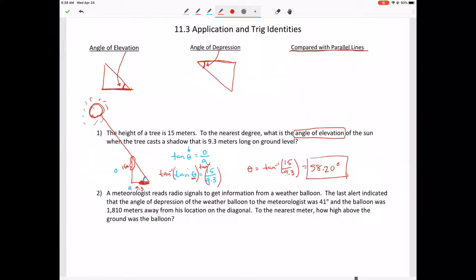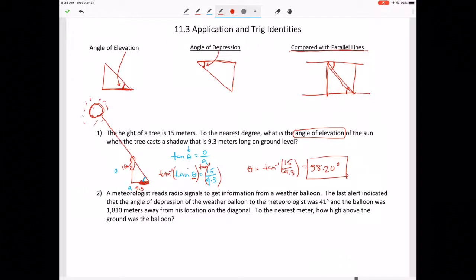Compared with parallel lines, if we have two parallel lines and we make a transversal, you can make a triangle with both of these. So here for this angle, this would be our angle of elevation, and this would be the angle of depression.